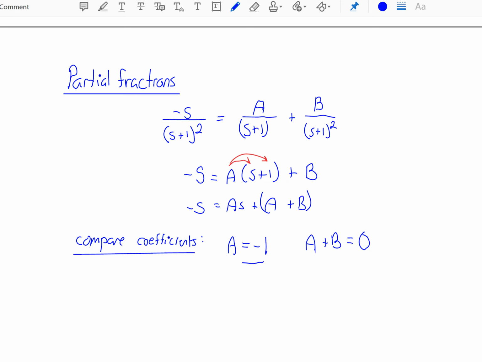So of course this tells us a has to be negative 1, but if a is negative 1, then b has to be positive 1.